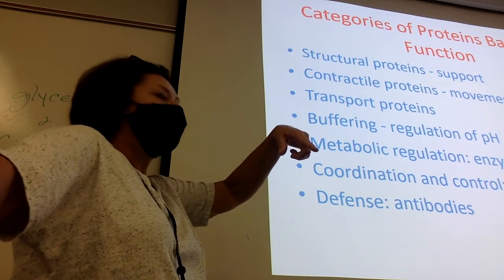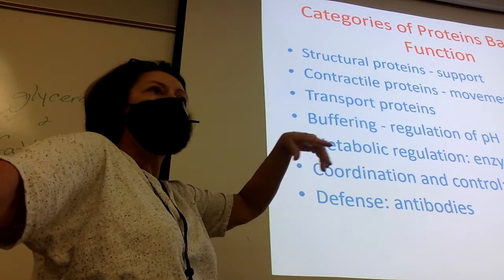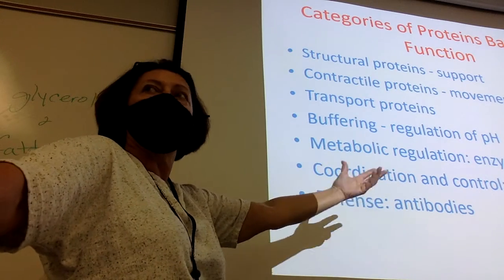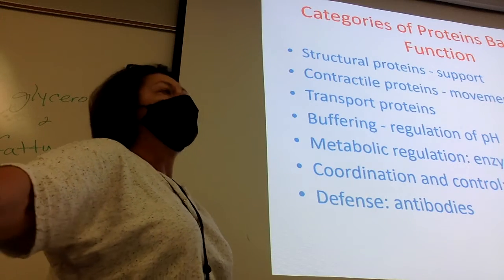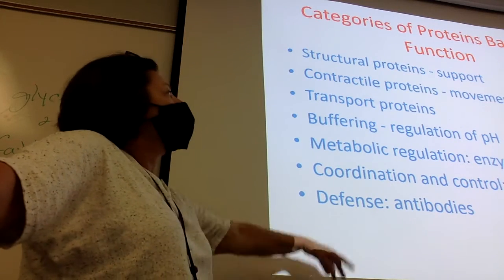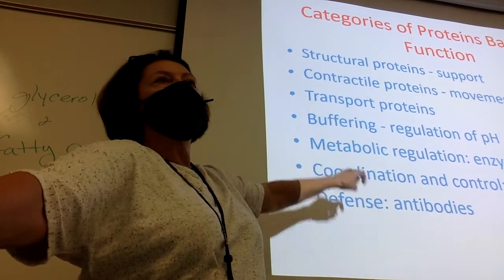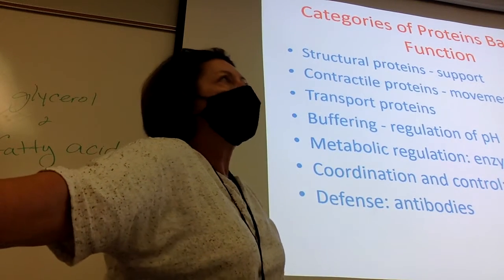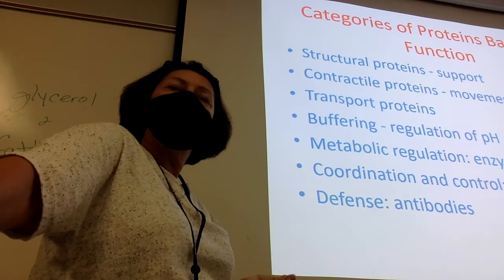Transport proteins in your blood. Buffering, in other words, regulation of pH. Remember that buffer I told you was released by the pancreas? It's a protein. If we didn't have that buffer, we'd all have holes in our small intestines. Enzymes are metabolic regulators. So, for instance, in your saliva, you have an enzyme called salivary amylase.